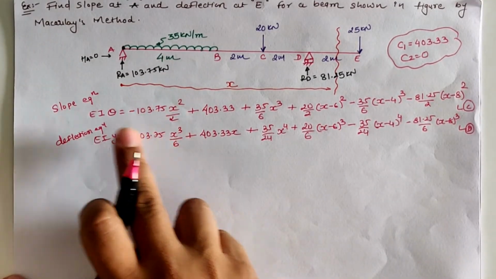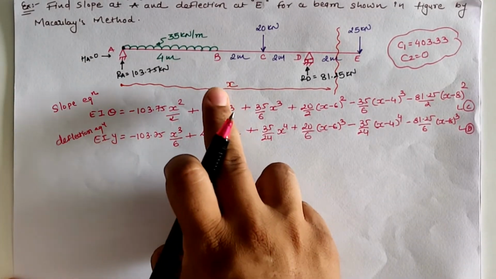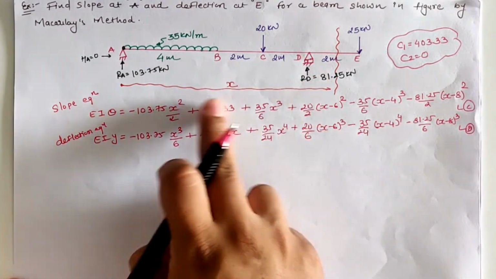So these are the slope and deflection of the given span for any location.